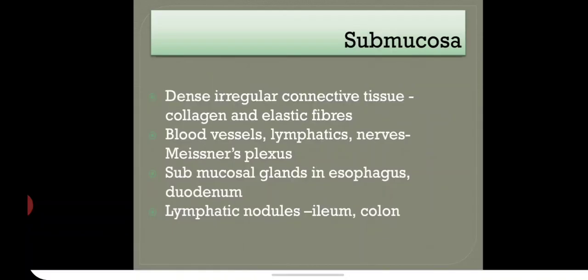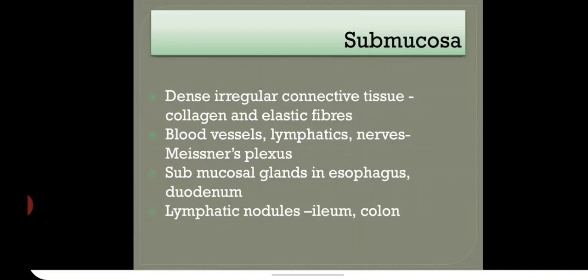If you see the submucosa in the GIT, it consists of dense irregular connective tissue, blood vessels and nerves. The nerves form the Meissner's plexus in the submucosa, and submucosal glands are present only in 2 parts. With that we can identify the slides.